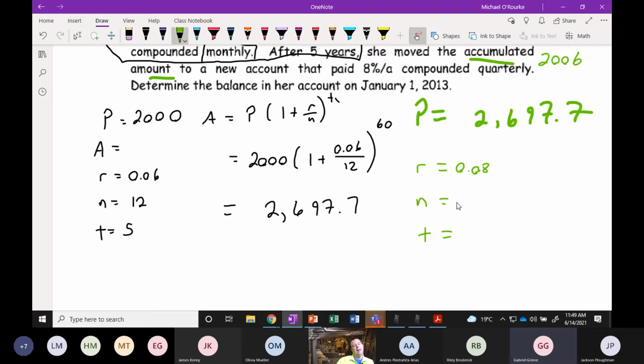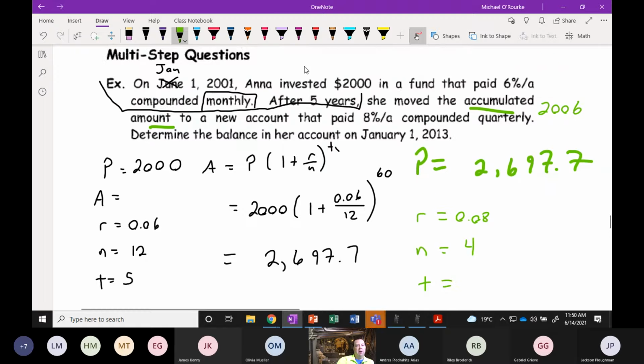Good. What's my N and what's my T? My N is 4 because it's quarterly. And my T is going to be what? We started our investment in 2001. 5 years later, we're in 2006.